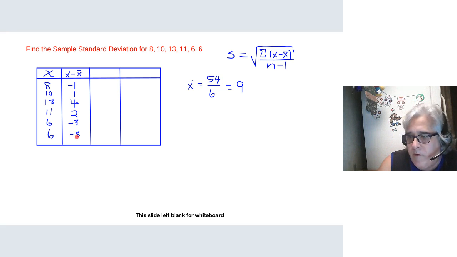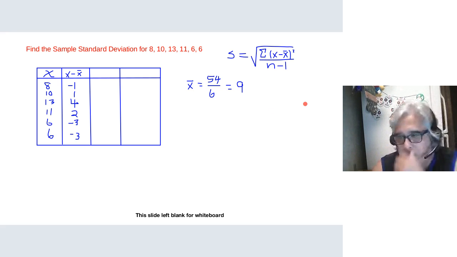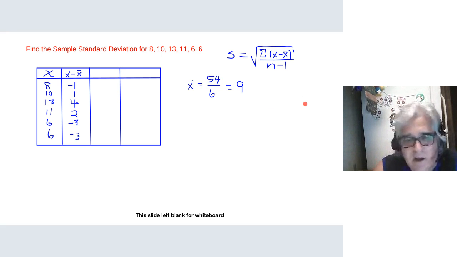Now, this is a checkpoint, you can say. What that means is if everything has been done right, including calculating the mean and doing the subtractions, then these should add up to 0.